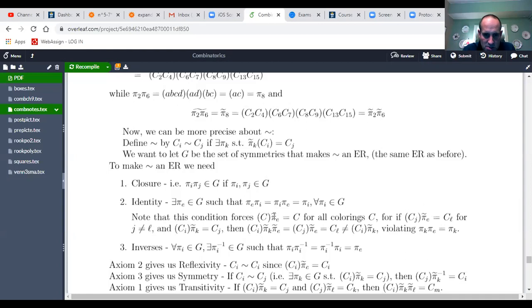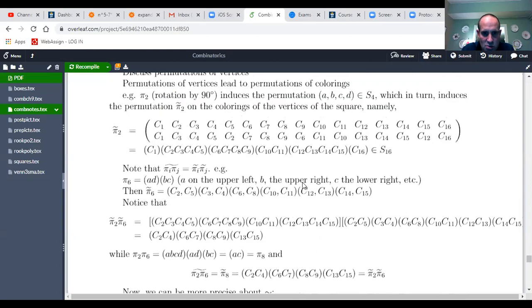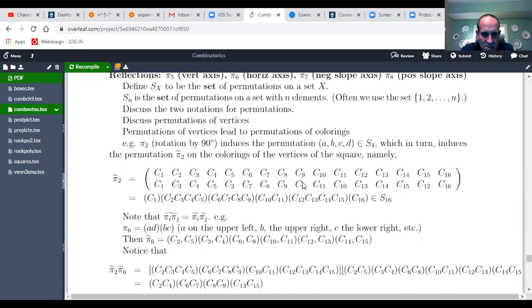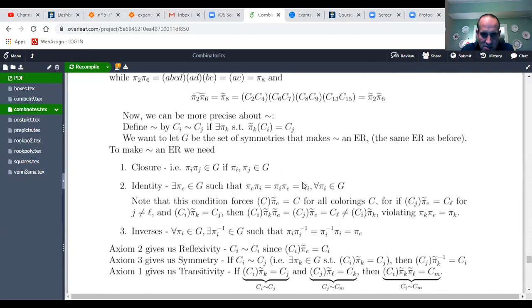Note that this condition forces pi e, so pi e is the identity element, pi e twiddle applied to C is equal to C for all colorings. For if it was the case that pi e twiddle, remember pi e is a permutation, pi e twiddle is the permutation of colorings that's induced by pi, right? So don't forget about that. I'm using this twiddle notation just to be more rigorous. That induces a permutation on the colorings, okay?